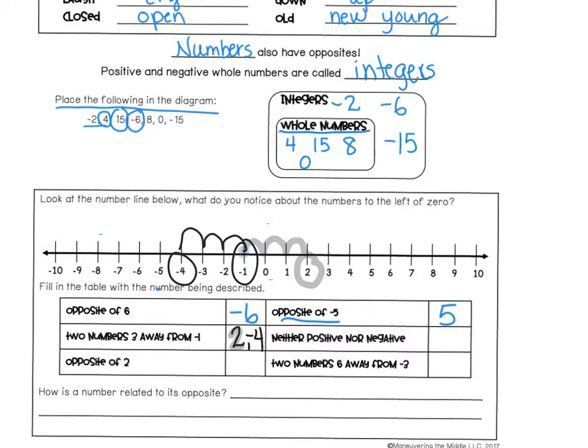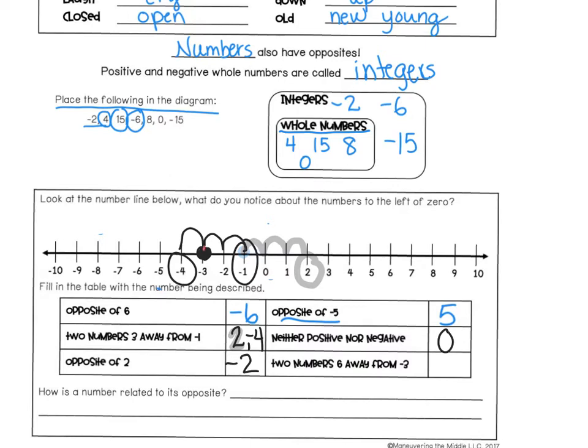All right. There's a number on this number line that's neither positive or negative. That would be 0. The number that's opposite of 2 is -2. Two numbers that are 6 away from -3. Well, first we have to find -3. There's -3. I'm going to change pen colors. Maybe that'll help.